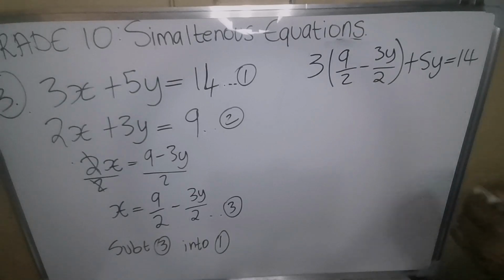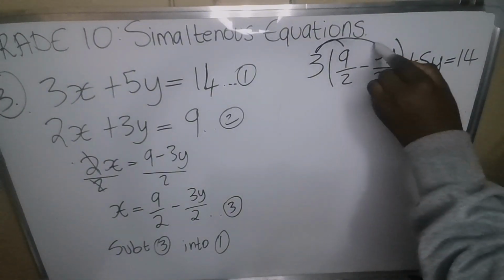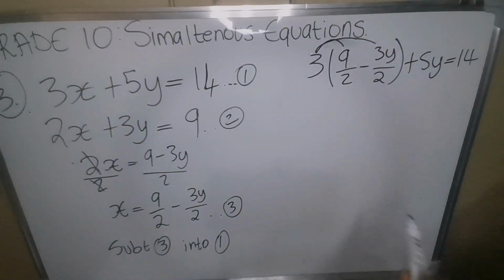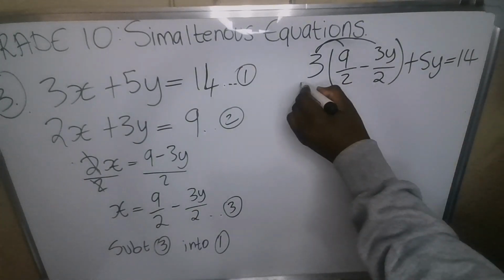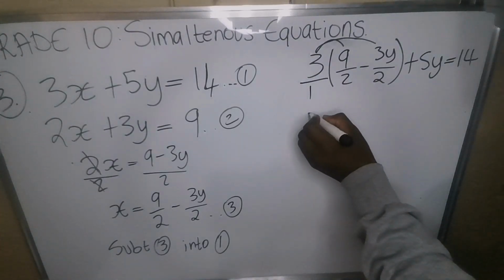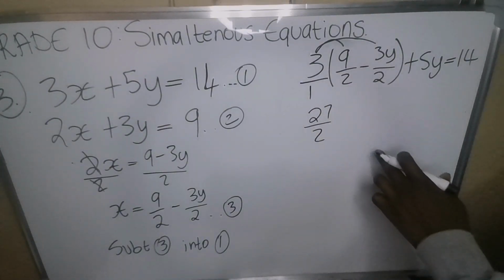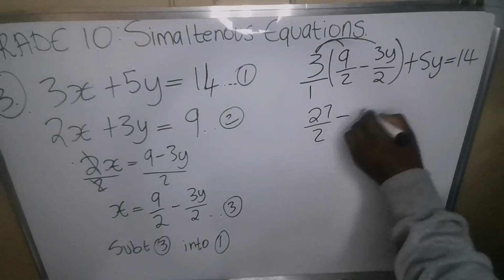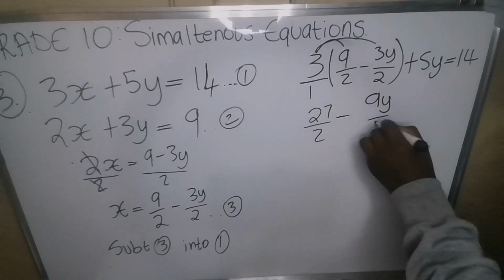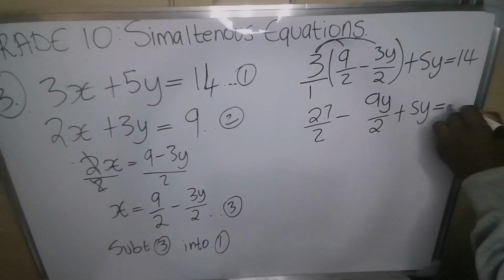For me to solve for y, I need to multiply out these brackets. This 3 will multiply 9 over 2: 3 times 9 over 2 is the same as 27 over 2. 3 times negative 3y over 2 is the same as negative 9y over 2. Then plus 5y is equal to 14.